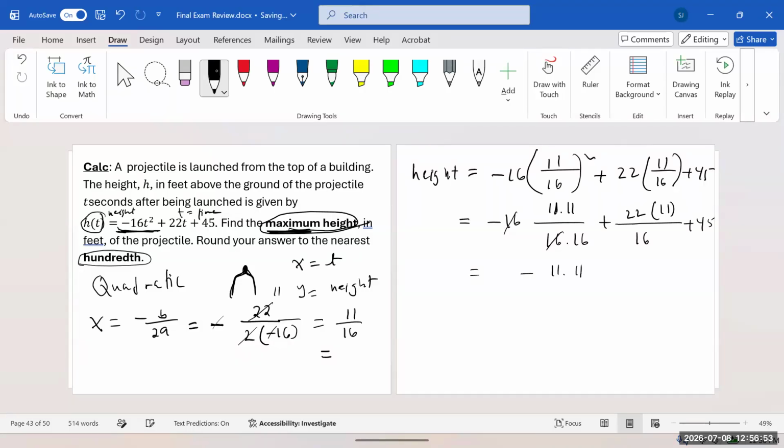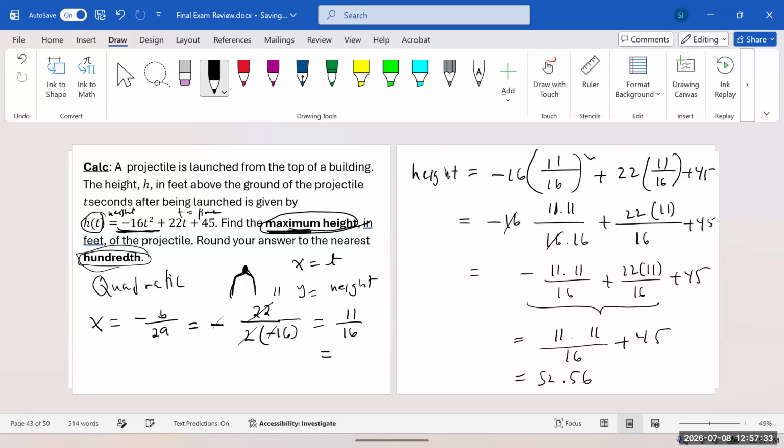We get negative 11 times 11 over 16 plus 22 times 11 over 16 plus 45. From here, we take out 11 over 16 and get 11 times (11 over 16) plus 45. You don't have to do that, but I'm doing it for fun. What's the final answer? 52.56, rounded to the hundredth.